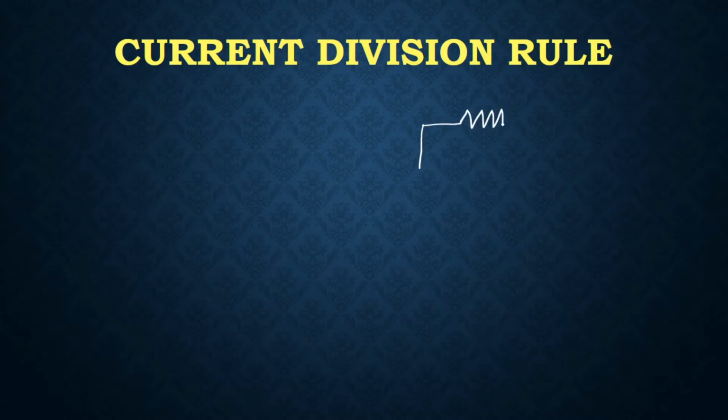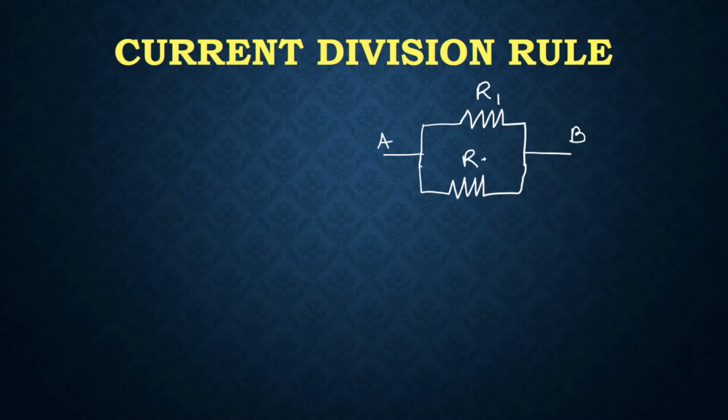This is the resistance R1 and this is the resistance R2, which are connected in parallel across A and B. If the resistance of the first is R1 and the second one is R2, and a current I is flowing from A to B, then the current is divided into two parts, that is I1 and I2.